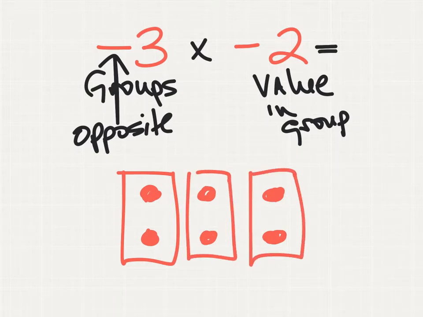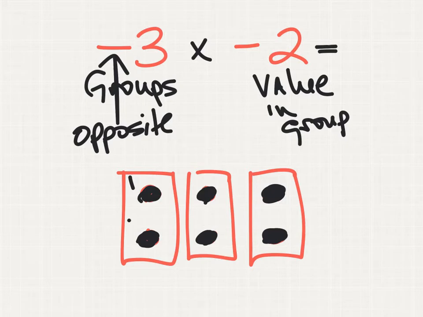Now, read the problem again. The opposite of 3 groups of -2. The opposite of 3 groups of -2 would be 3 groups of +2.